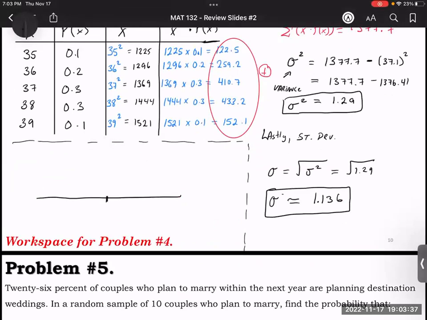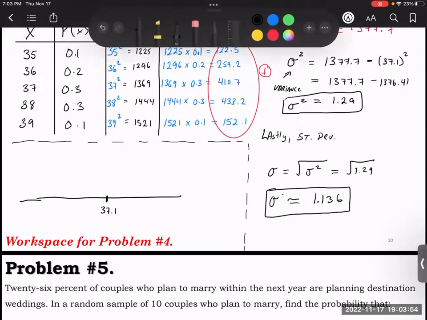At the center of our distribution, we figure out the mean, right? It was 37.1. Right, that's pretty much on average how many pizzas are expected to be sold on a given day. Now, if you look at this number line, again, the 37.1 was supposed to be centered at the middle of this distribution.